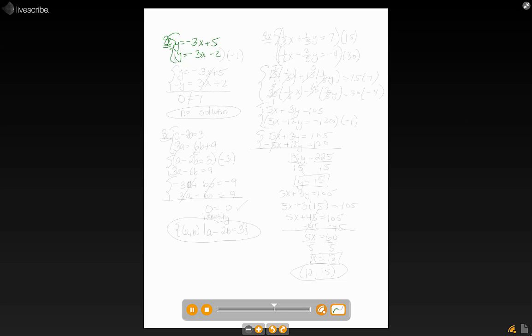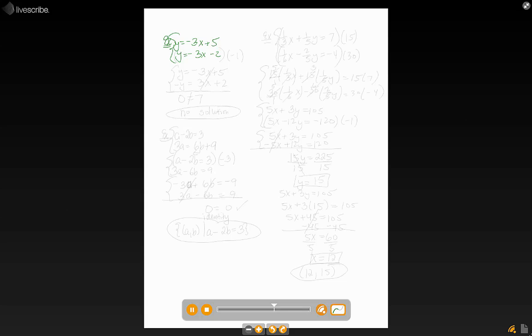So on the first equation I get -3a plus 6b equals -9. And on the second equation we can leave it alone: 3a minus 6b equals 9. Notice that my coefficients are opposite. Mission accomplished.